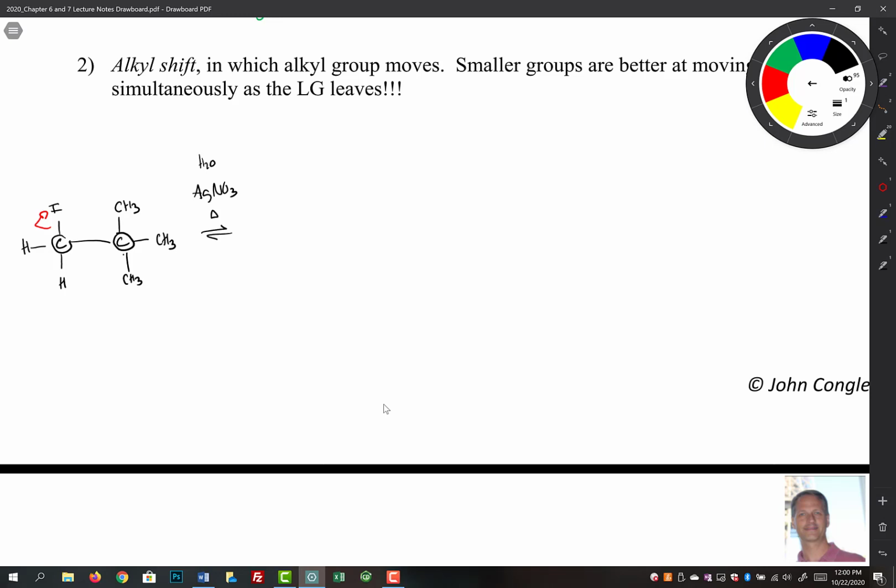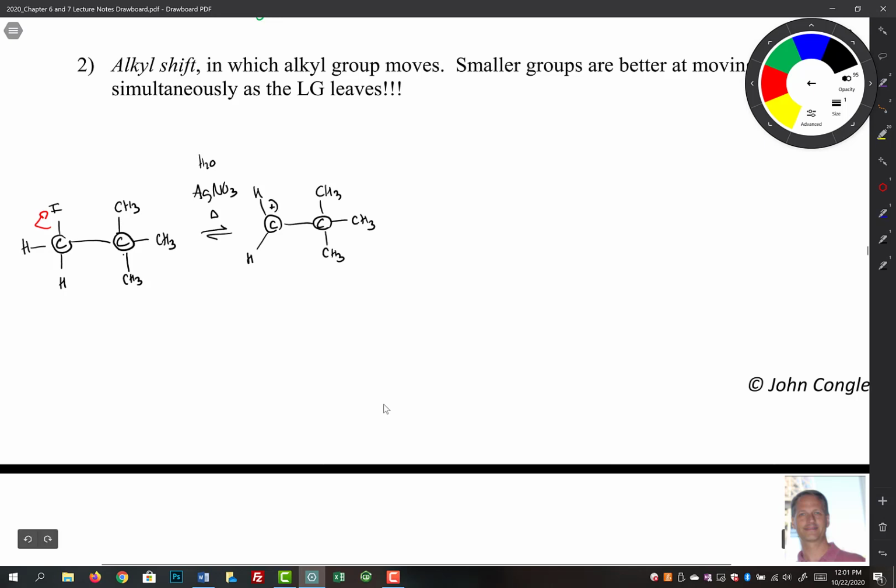All right, so then what are we going to get? Let's take a look. We're going to get our carbon that has 2 H's on it, and our other carbon has 3 CH3s. That's not going to change at all. That leaves us with a plus charge right where that carbon is.